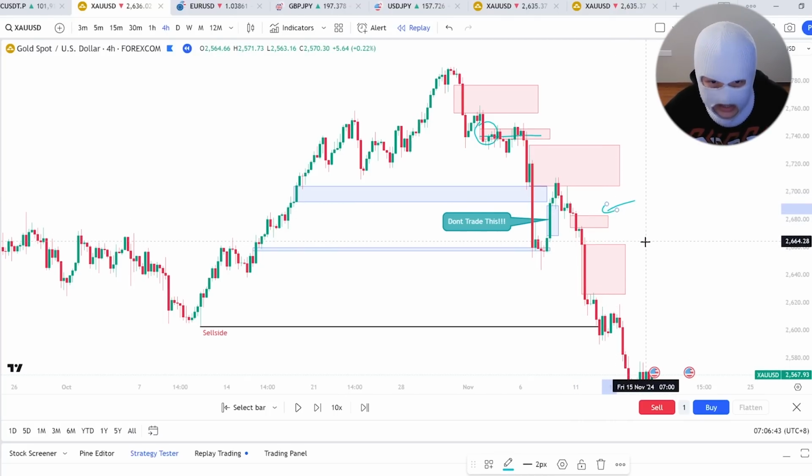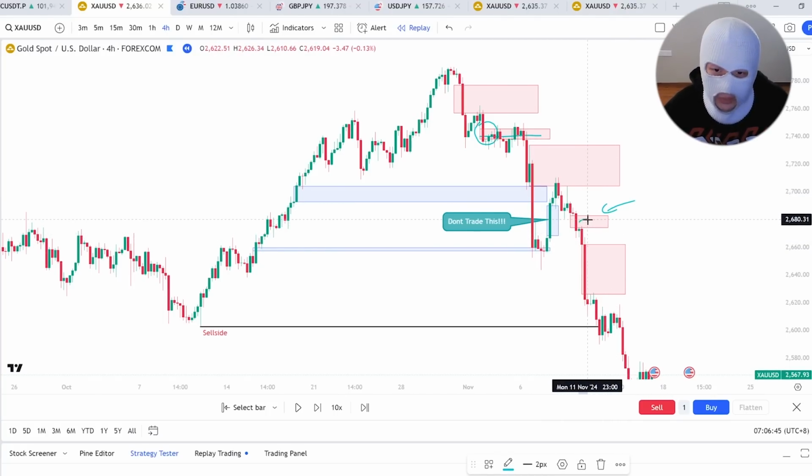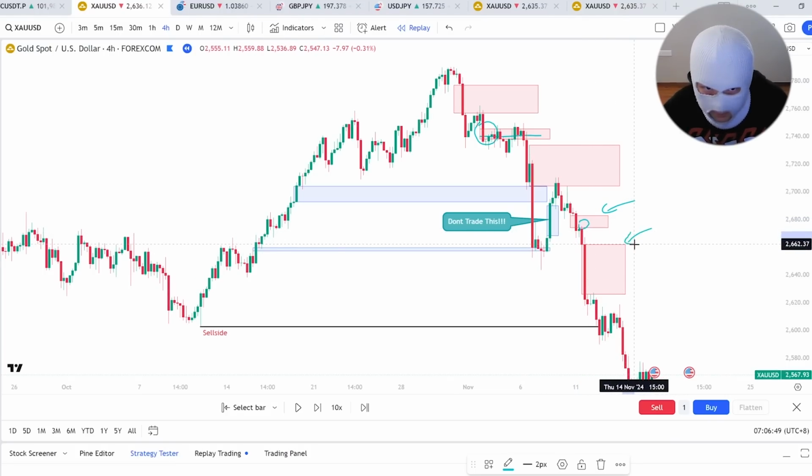This fair value gap is then retraced into before continuing lower, creating yet again another bearish fair value gap, and this time, this new bearish fair value gap sends price even lower until we eventually hit the final target.